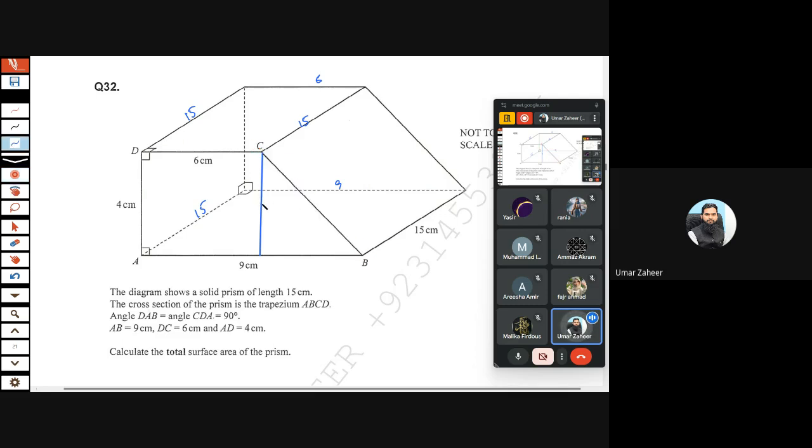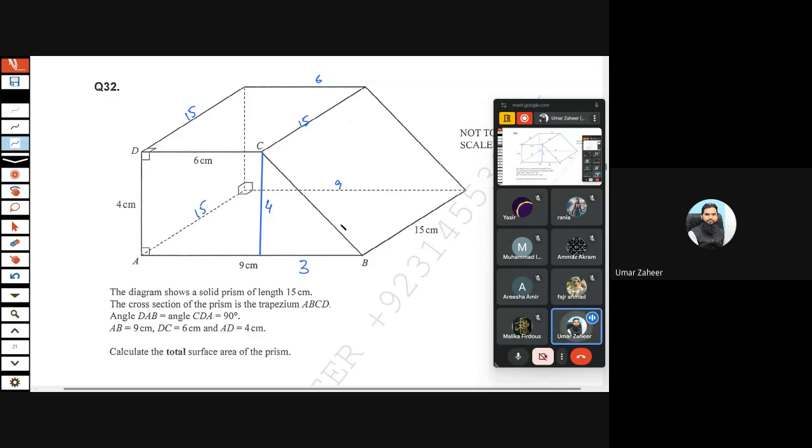Can you tell me what will be the height? What is the length of this line I have drawn? It will be 4. And what is this one? 3. Yes, because it is 6 centimeters and it is 90 degrees, as given here. It is 9 centimeters, so 9 minus 6, you will get 3.